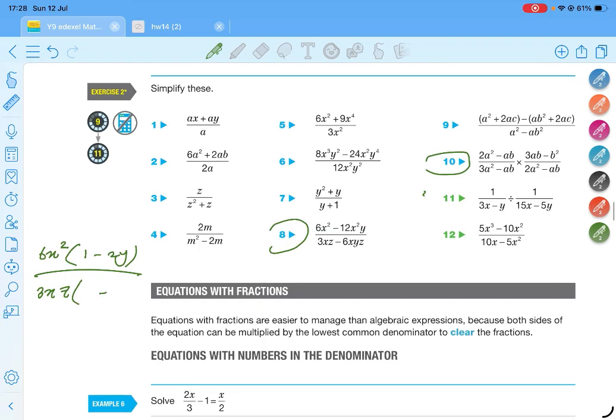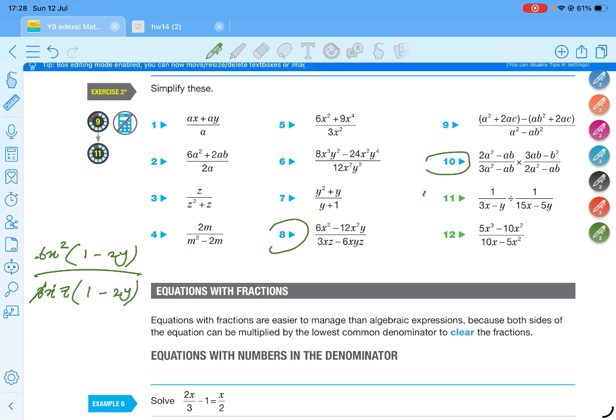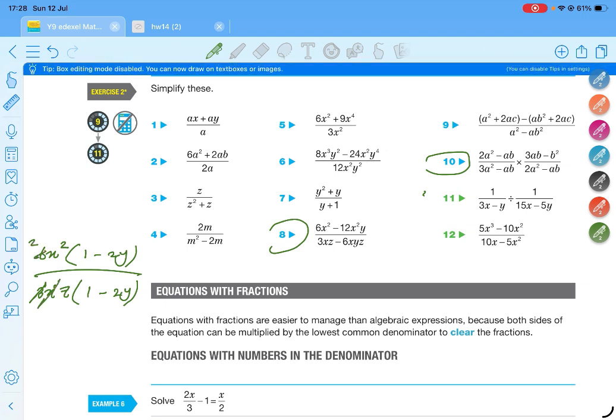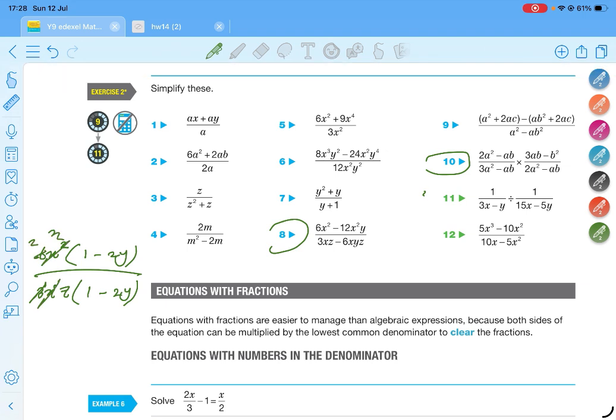And then I can take 1 minus 2y, right? Unfortunately, this part can also be simplified. 2x over z.